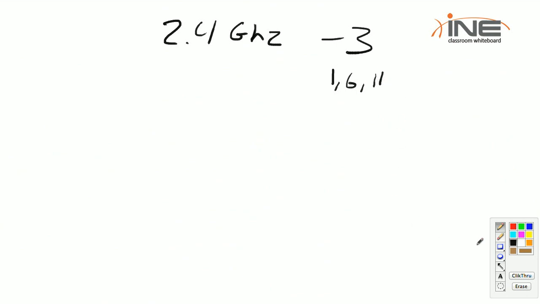So we're just going to look at 2.4. Let's just look at the idea of 2.4 gigahertz, where we know that in the US, we have 3 non-overlapping channels. And those 3 channels are 1, 6, and 11. Okay, so let's just make channel 1 green, channel 6 blue, and channel 11 burnt orange.